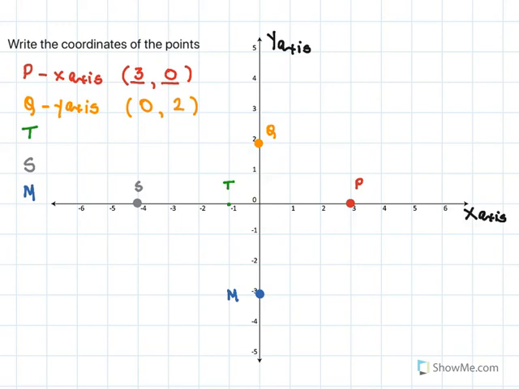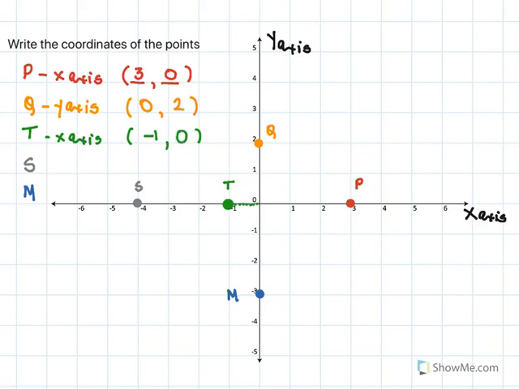Now we go to point T, and here is point T. It lies on the x-axis, and you'll find its x-coordinate is -1, but its y-coordinate is 0.